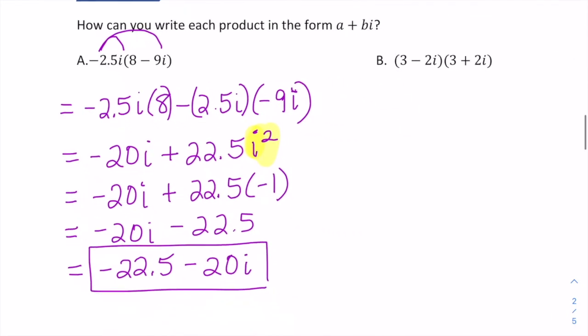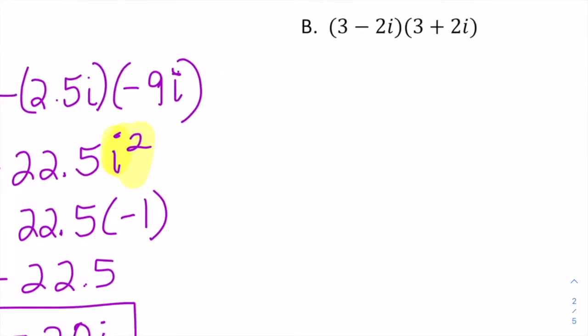Now for the next one, when we multiply, we're going to use the same acronym that we use for other binomials, FOIL. So for the first two terms, 3 times 3 would be 9. And then we have the outers, 3 times 2i would be 6i.